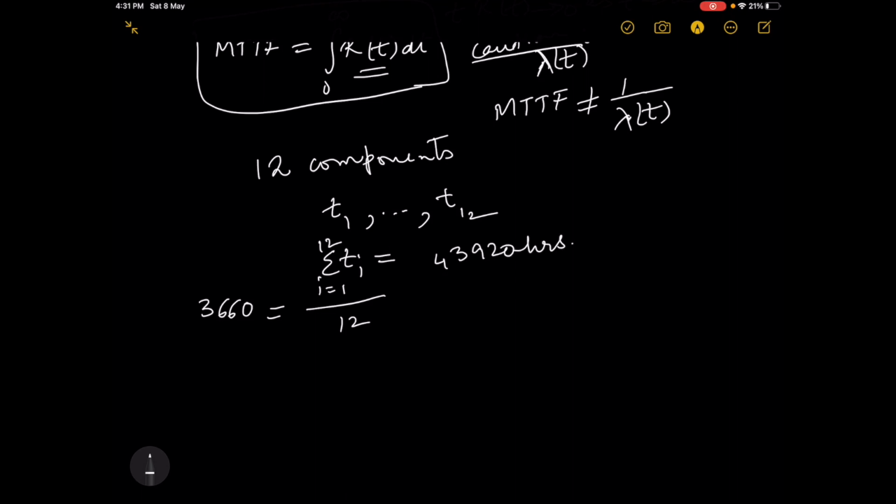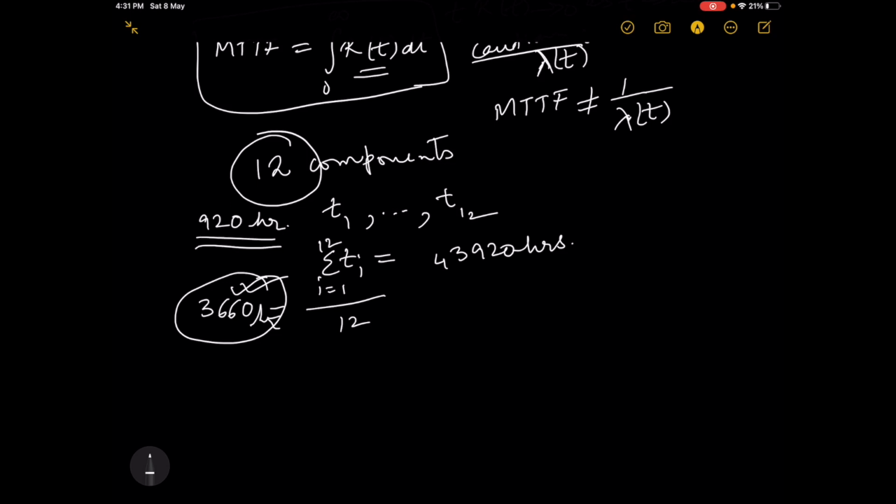But it may happen that out of these 12 components, any one may have failed at a very early time, which is far away from the average. Others may be in the neighborhood, but one may have failed very early.